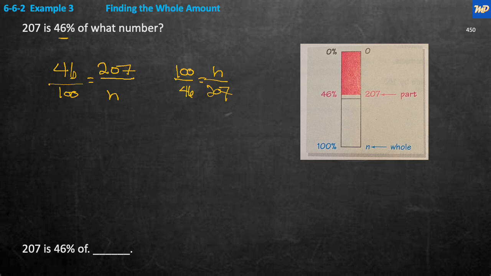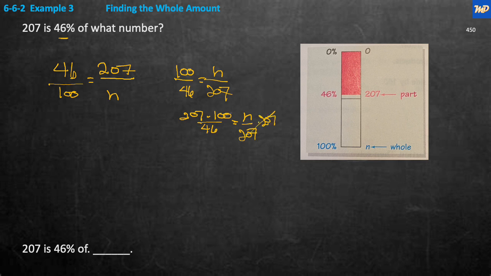When I do that, on this one here, I'm going to multiply 207 times 100 over 46 is equal to n over 207 times 207.